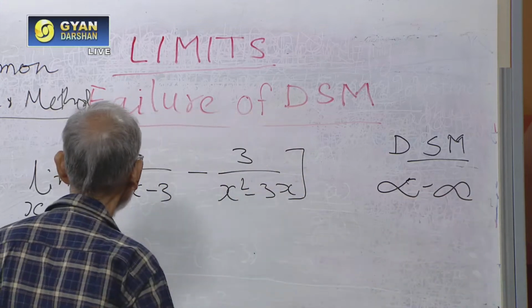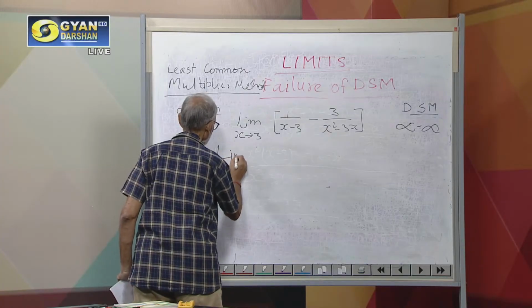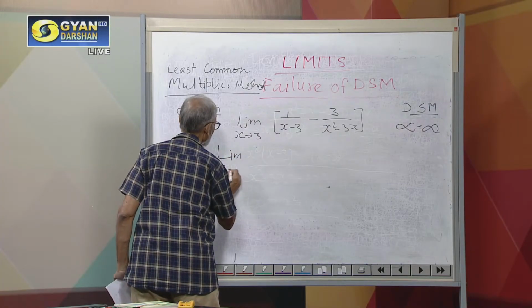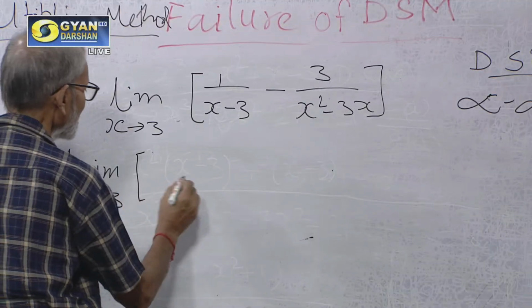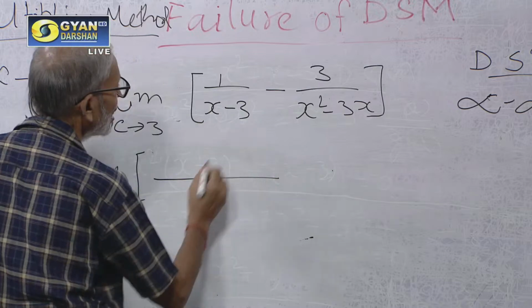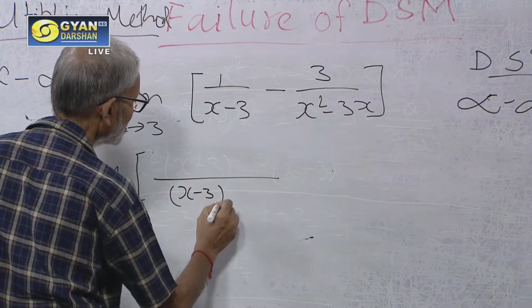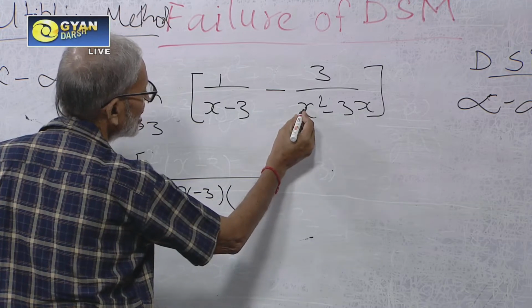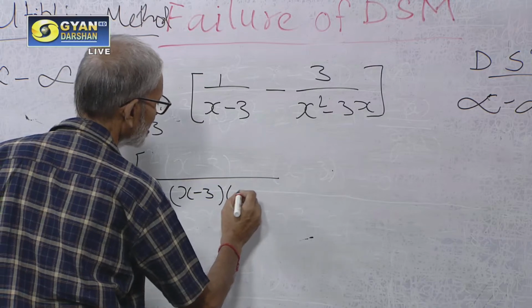This is an indeterminate form. So, what we will do, we will take LCM. LCM will be x minus 3, and this, if you take x outside, then x into x minus 3.